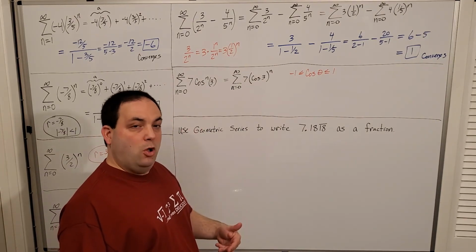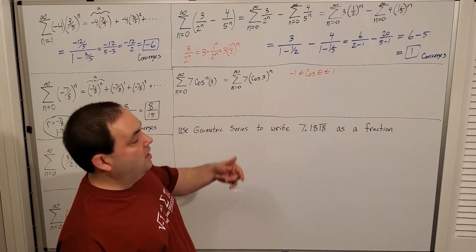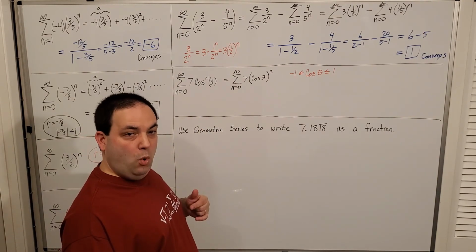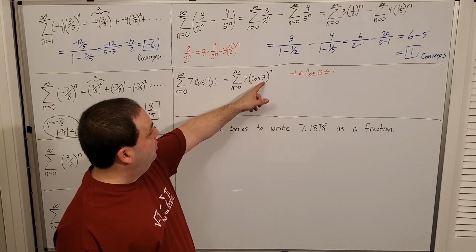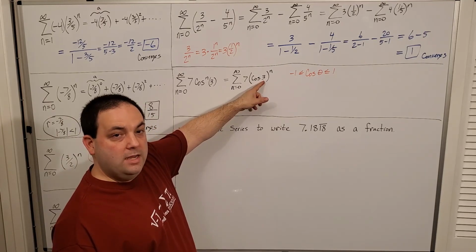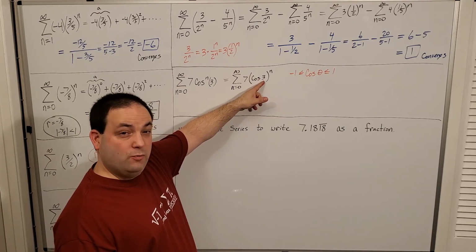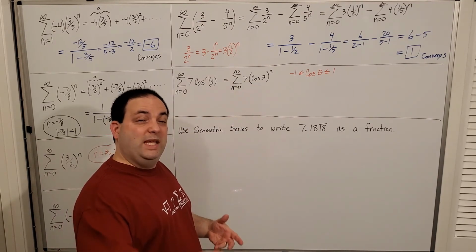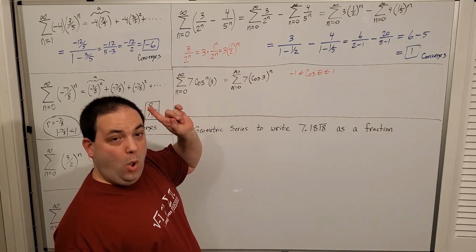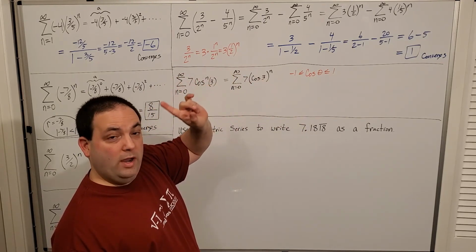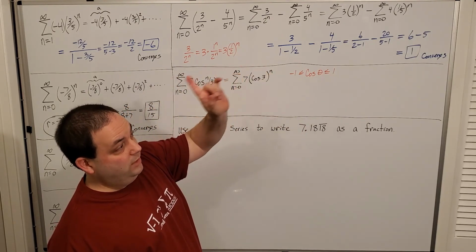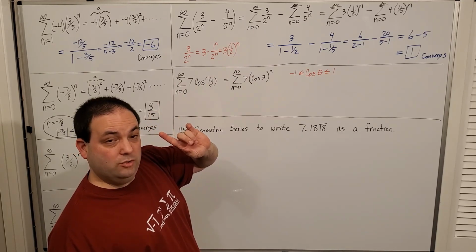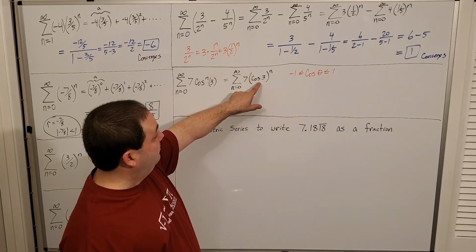Cosine of 0 is 1. Cosine of pi is -1. And this is neither of those. It's just cosine of 3, and it's not degrees, so it's radians, right? Cosine of 3 is going to be something negative because it's in the second quadrant. It's not quite 3.14, so it's really close to 180 degrees, but it's not quite.